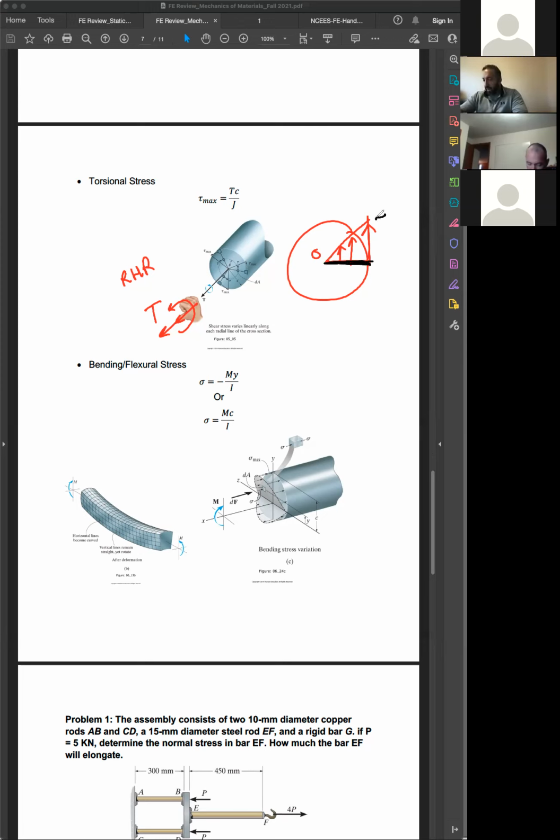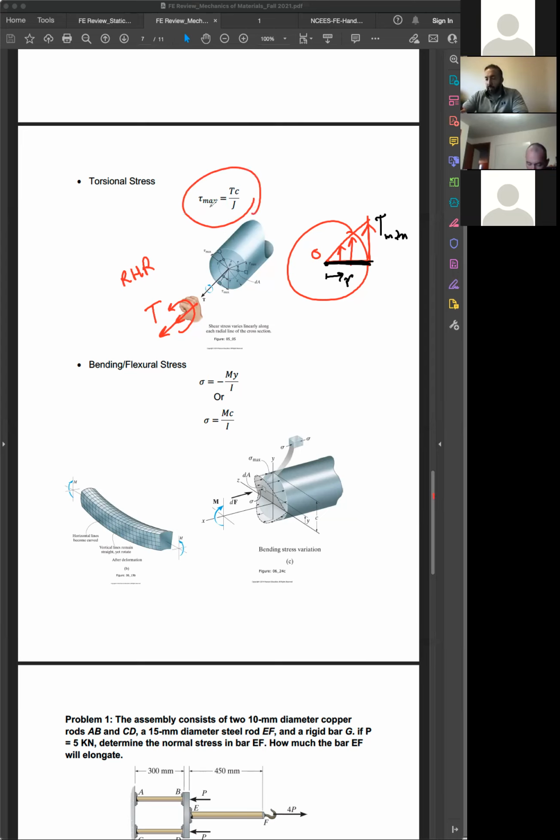So it is maximum on the perimeter, and it gets lower and lower, reaching 0 at the center of the cross section. Okay, that's how the torsion behaves. It is just going from radius, and on the maximum radius, which is on the perimeter, you have the maximum torsional stress applied.